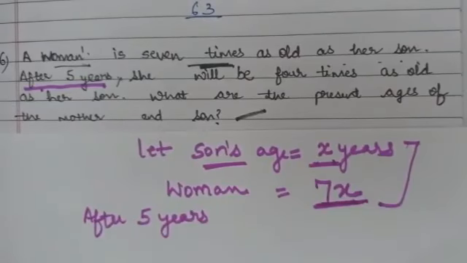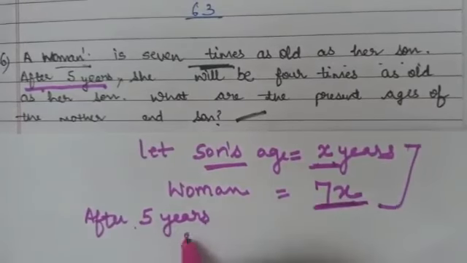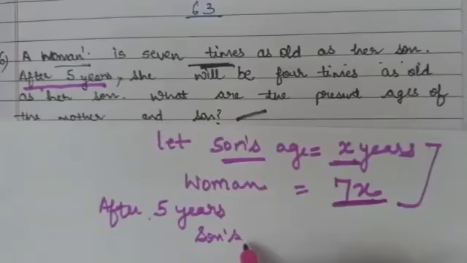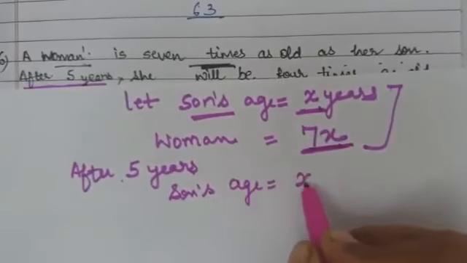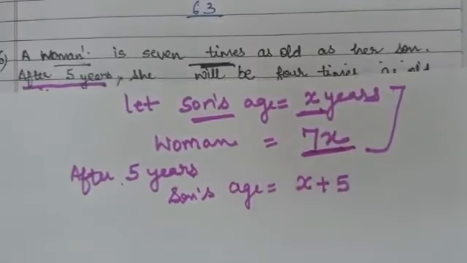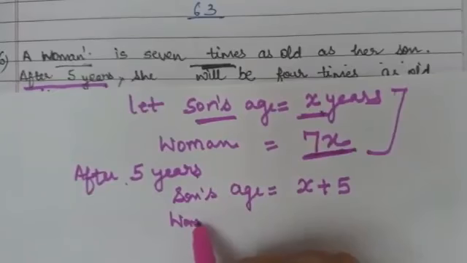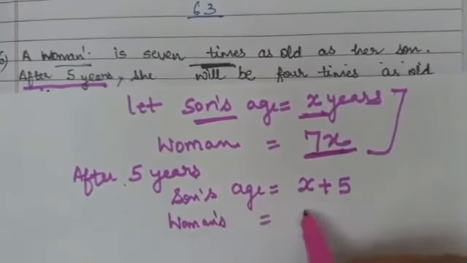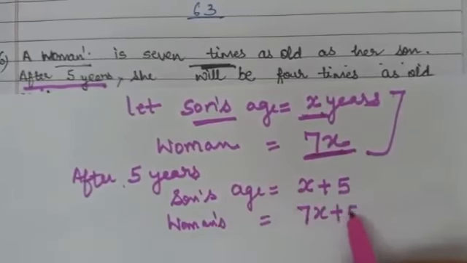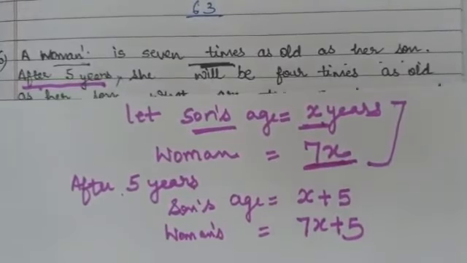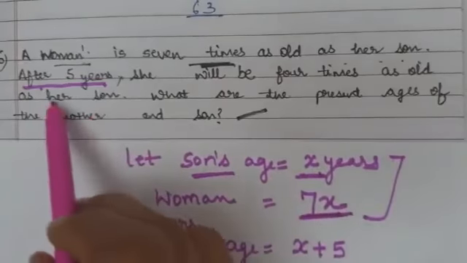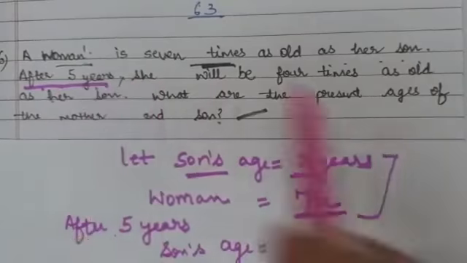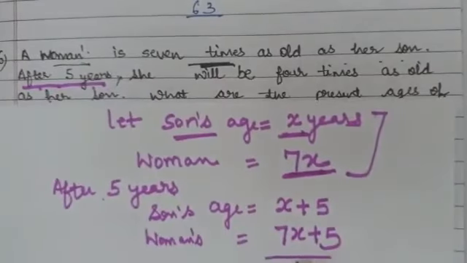After 5 years, son's age will be equals to x plus 5 and the woman's age will be 7x plus 5. Fine.